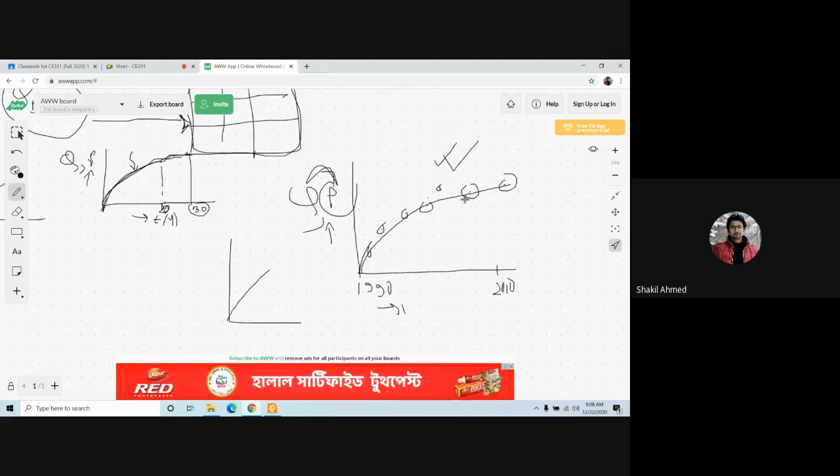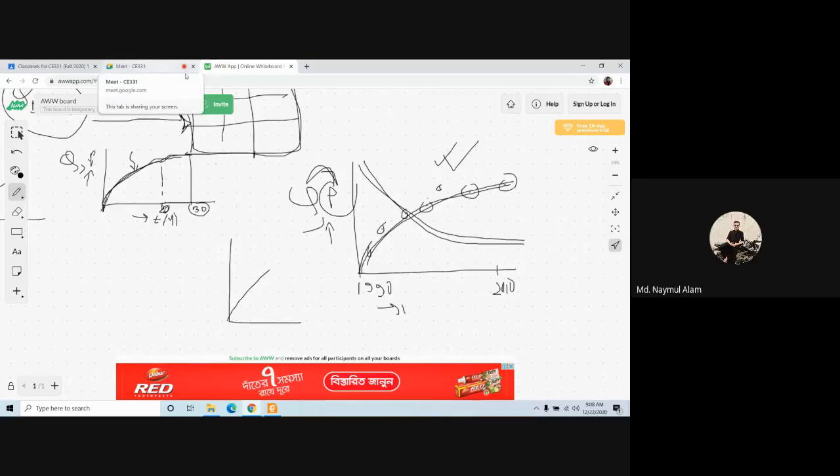The majority of processes in nature follow the exponential model. This can also be decreasing, exponential increasing with positive slope and decreasing with negative slope. Clear?